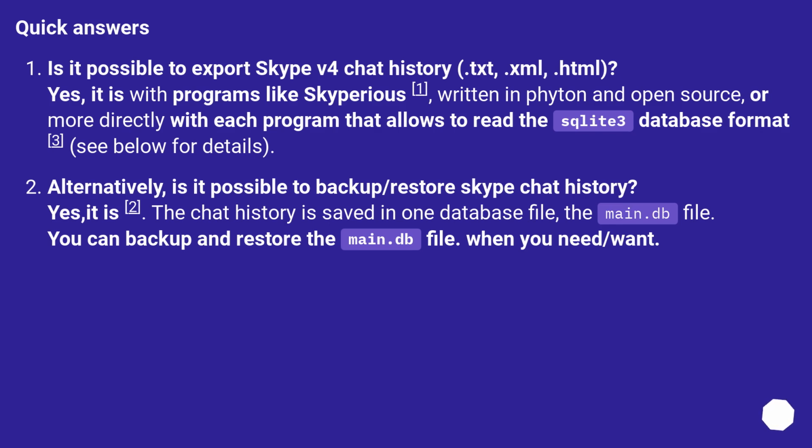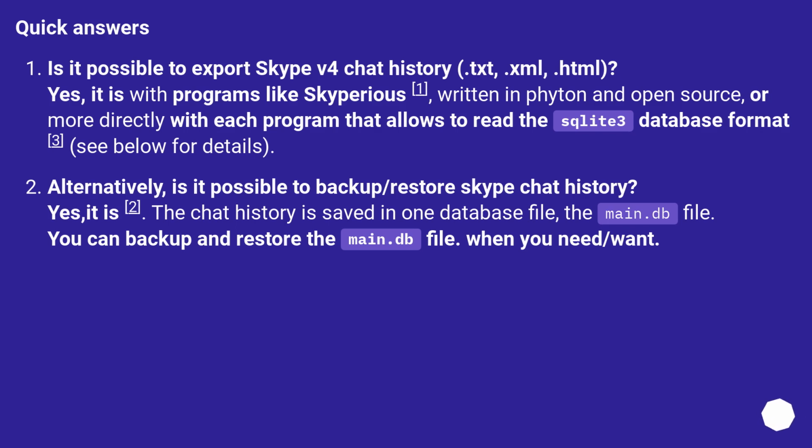Quick answers. Is it possible to export Skype v4 chat history to .txt, XML, HTML? Yes, it is, with programs like Skyperious, written in Python and open source, or more directly with any program that can read the SQLite 3 database format, see below for details.